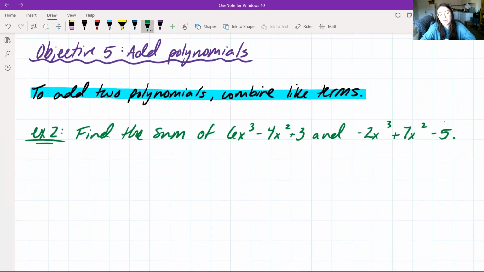Now, objective 5, we want to add polynomials. And to add two polynomials, we just want to combine like terms. So example 2, we want to find the sum of 6x cubed minus 4x squared plus 3 and -2x cubed plus 7x squared minus 5. So let's just identify our like terms.